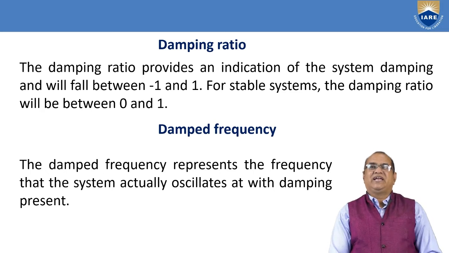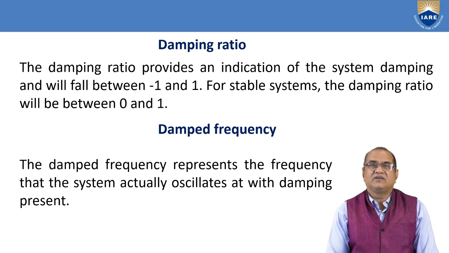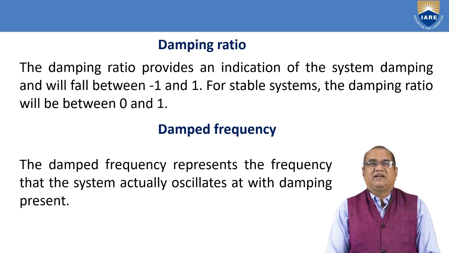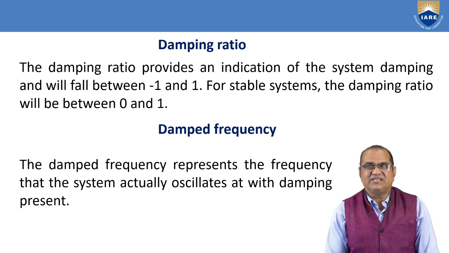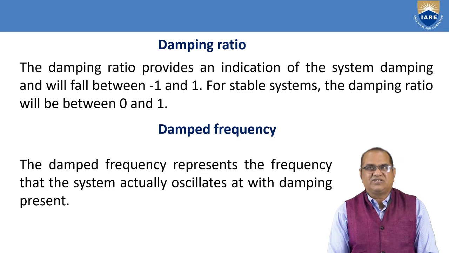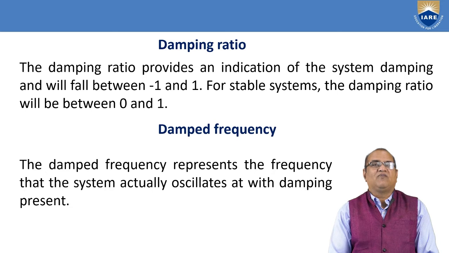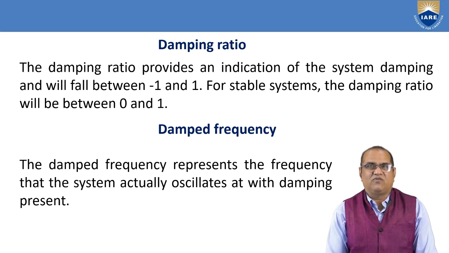Next point is damping ratio. The damping ratio provides an indication of the system damping and will fall between -1 and +1. For a stable system, the damping ratio will be positive, between 0 and 1.